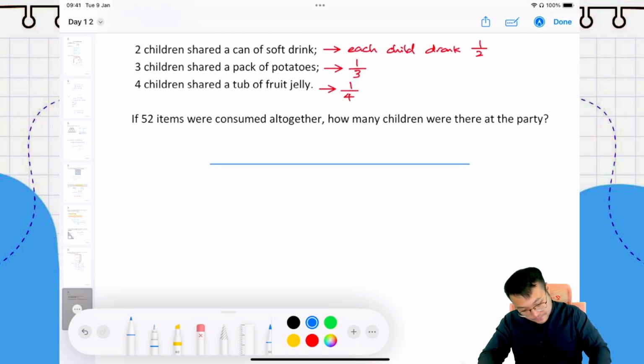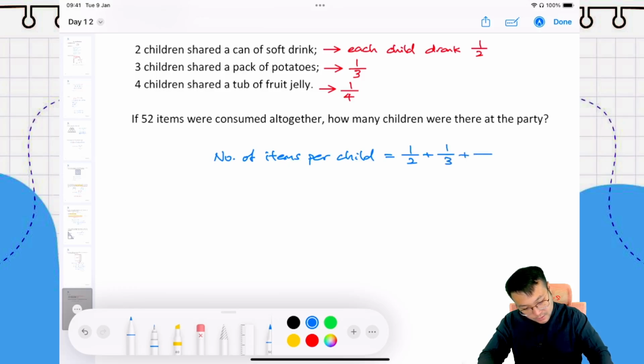Okay, so number of items per child. You already know that 1 child used half of a soft drink, 1/3 of something else, and 1/4 of something else. So what is the number of items used by the child?